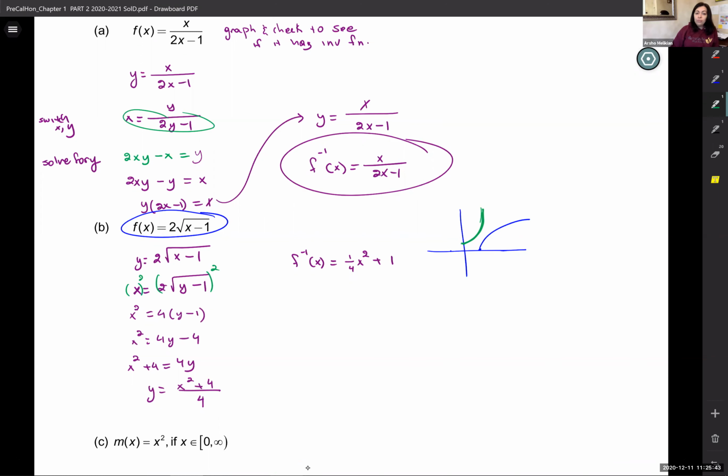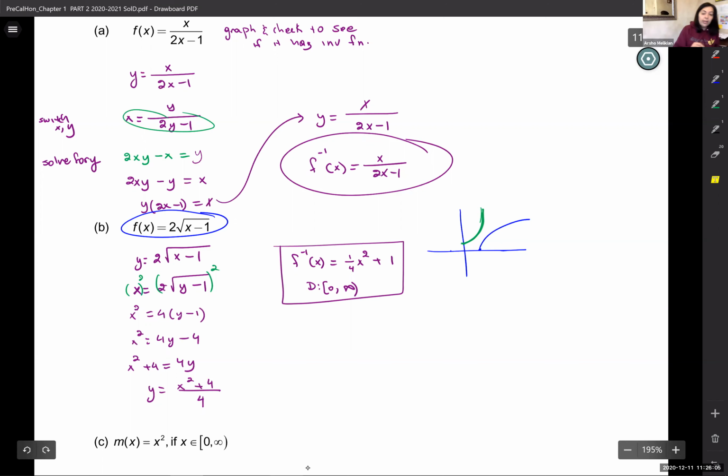So what we have to do now is we have to restrict the domain of our inverse so that it represents the correct portion of the graph. So I say the inverse function is this with a domain of 0 to infinity, in order to match the correct portion of the graph.